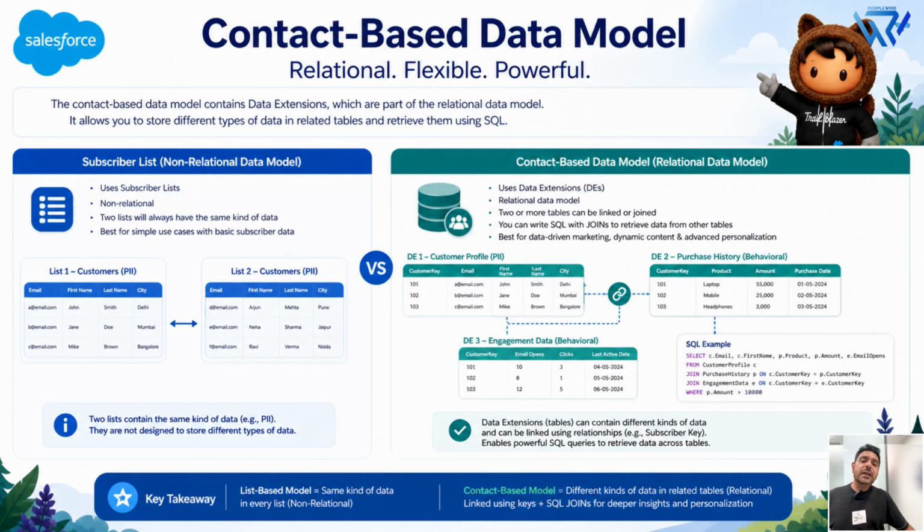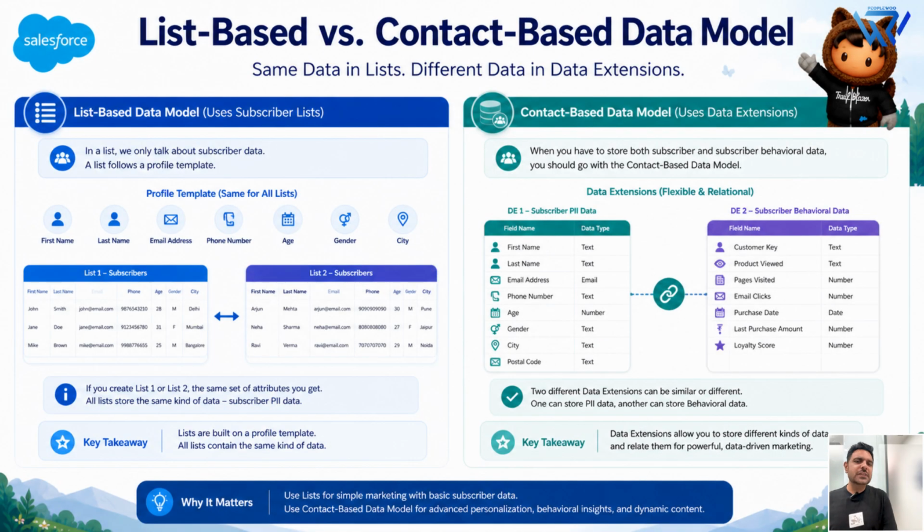But when you have to store both subscriber and subscriber behavioral data, you have another data model, the contact-based data model, and it contains data extensions. Two different data extensions can or cannot be similar. For example, one data extension you can create to store just subscriber PI data, like first name, last name, age, gender, city, postal code, phone number, email address. The other data extension you can create to store their behavioral data.